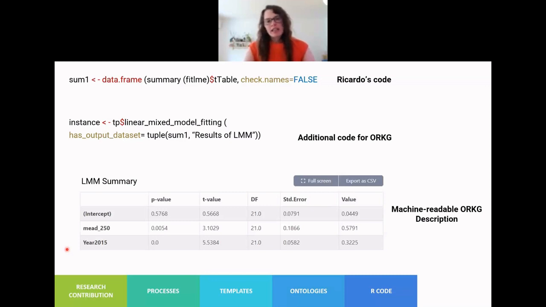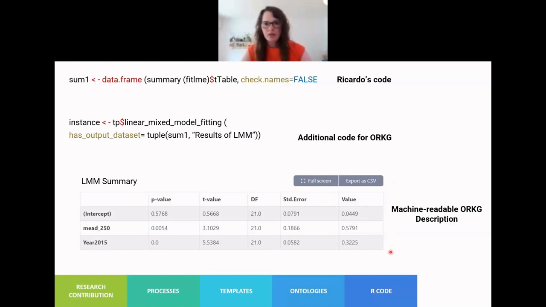So now think if you were to see this information in a traditional PDF publication, it would be presented probably as a table, but in text format. So if you wanted to use any of the information provided in this table, you would, as a person, have to manually extract this and compile it into a data frame. But here in the ORKG, it's already in machine readable format.